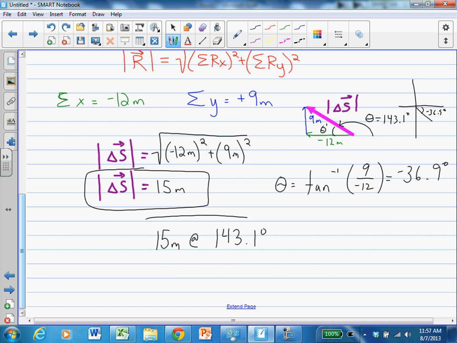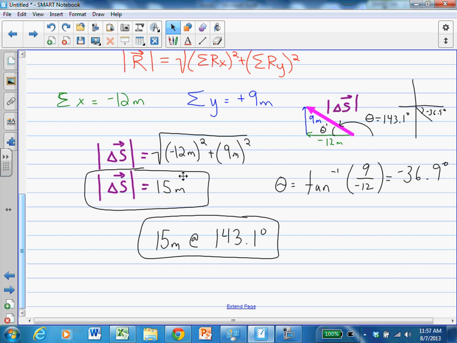Let's try another one. Okay, so let's try multiple vectors, summation.